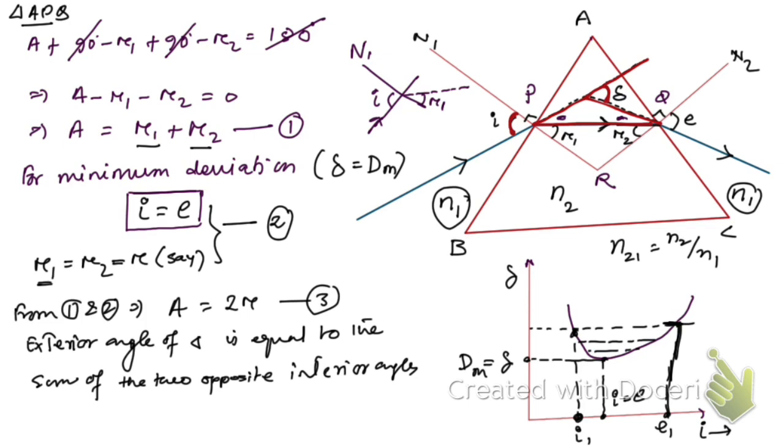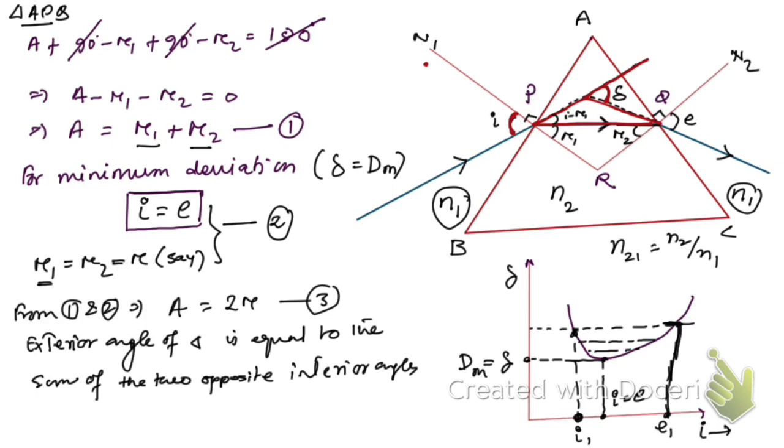Now you see this angle must be vertically opposite to I, so this angle must also be I. If this angle is I, then this upper angle, which is above this refracted ray, must be I minus R1, right? Hope you have understood this. So here we can write this angle as I minus R1.